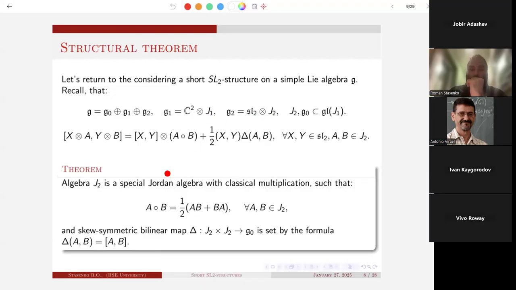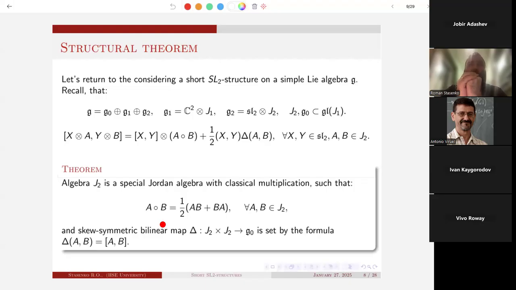And the map delta, big delta is, as you can see at the bottom of the slide. Of course, here we can obtain that in our case there are no exceptional Jordan algebras.